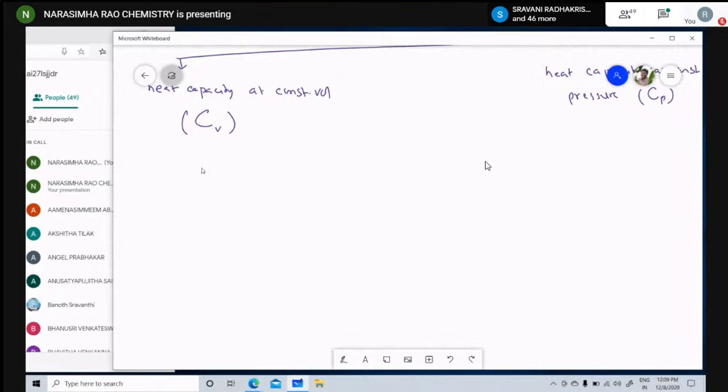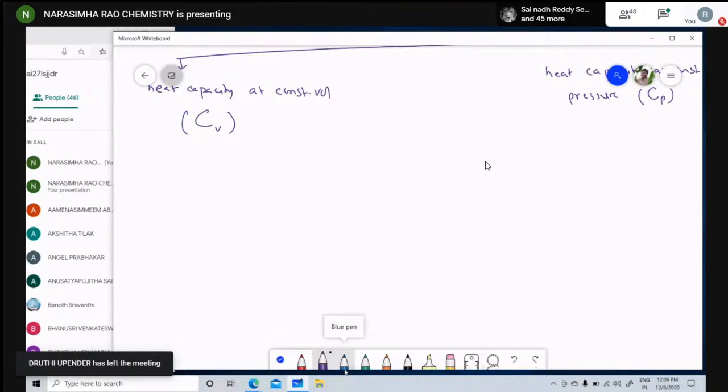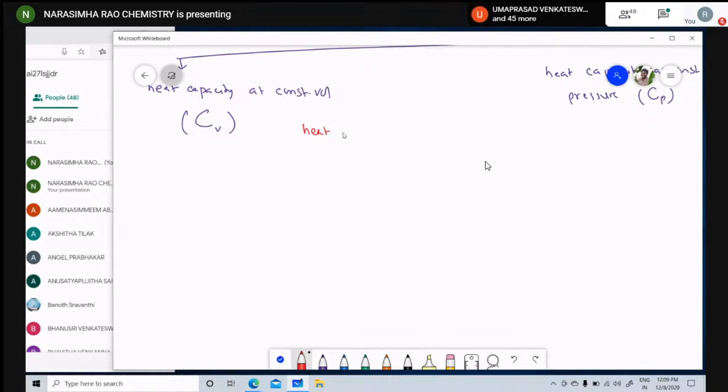Now, heat capacity at constant pressure and constant volume. Before going to this one, I am checking this one: heat capacity in an isothermal process.